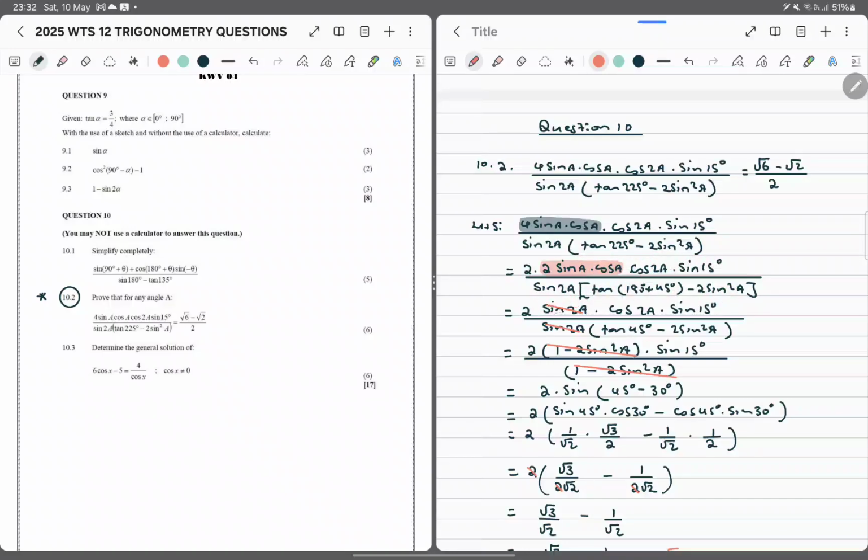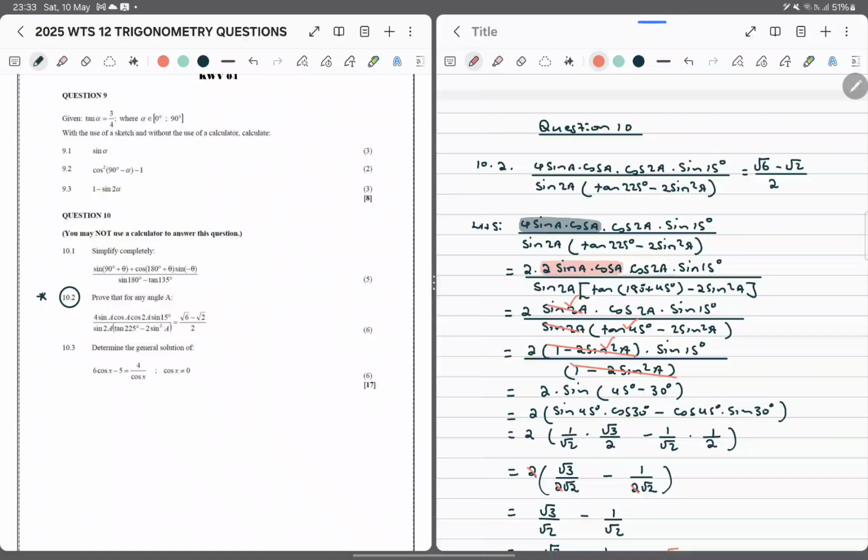Nothing changed here. And then when we used an identity, we get a mark. And this reduction here is a mark, 2 marks. And then when we use this identity here, it's another mark, the 3rd mark. The value of a special angle, where is it?